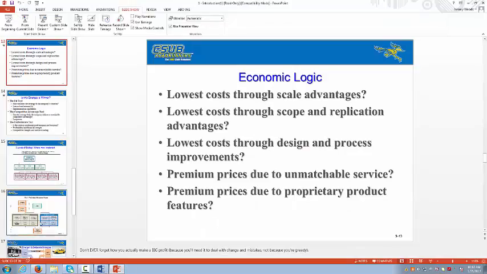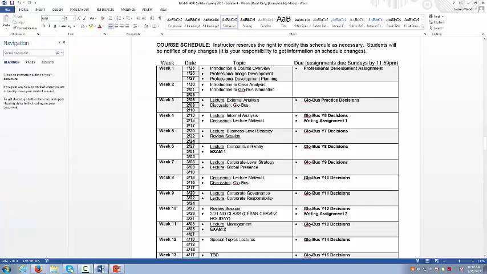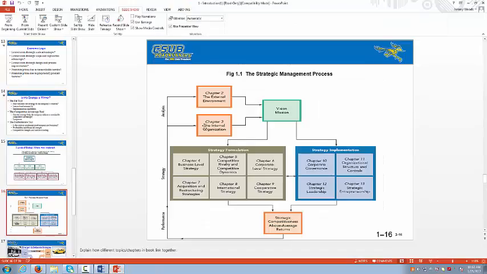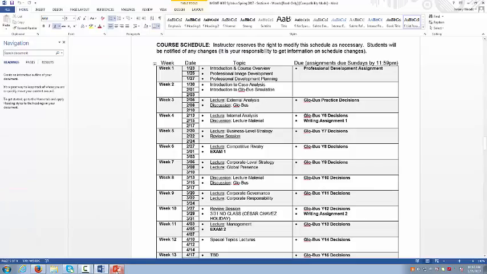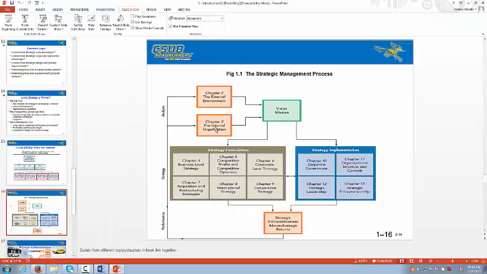That pretty much corresponds with vision and mission, the green box right here, and that's going to be chapter 1 in your book as well. Next week, we're going to talk about case analysis and the Globus simulation, so that actually doesn't correspond to any chapter in your book. We're not going to have a lecture on the book next week. External analysis that we go over in week 3 pretty much maps to chapter 2 in your book. Internal analysis that we go over in week 4 pretty much maps to chapter 3 in your book.